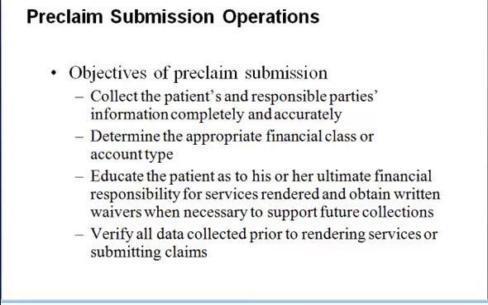Pre-claim activities, those are tasks and functions from the admitting and case management areas.